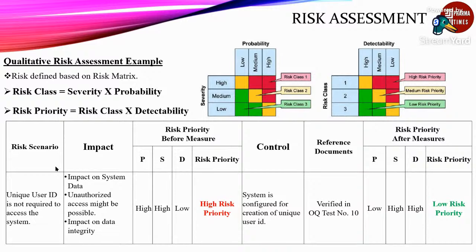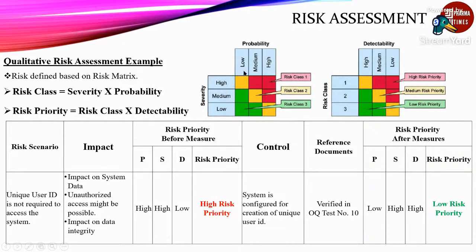If this type of problem happens, its impact is high from a compliance point of view and a quality assurance point of view. So I define its severity as high. So what is my risk class based on this severity and probability?